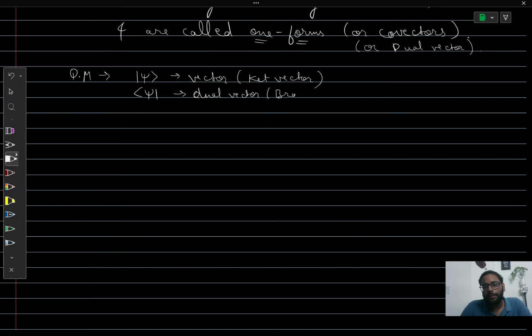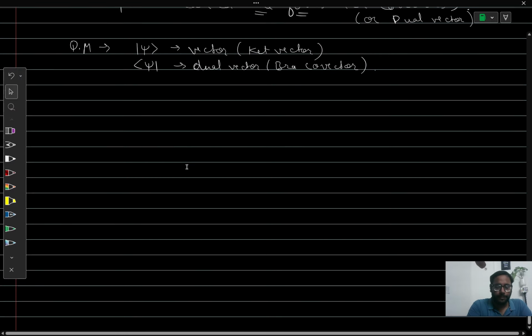This is a bra vector, the bra covector actually. Okay, so these are the things.